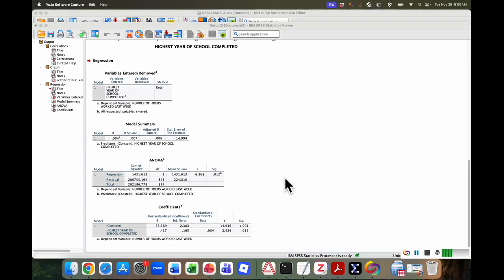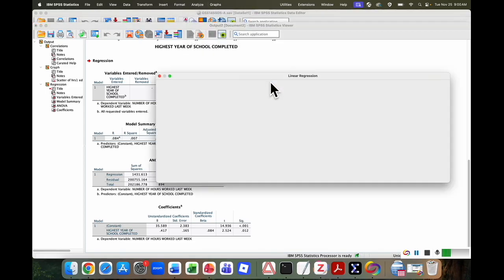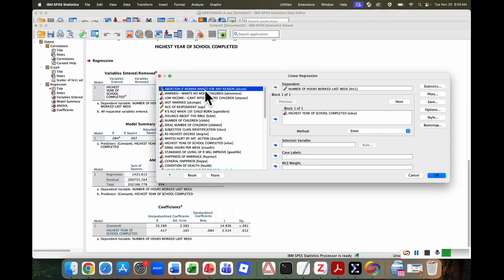Let's continue this with two independent variables, where now we're going to add in to our model the age of the respondents. We're going to go to Analyze, Regression, Linear. And age of respondent is right there. Click OK.